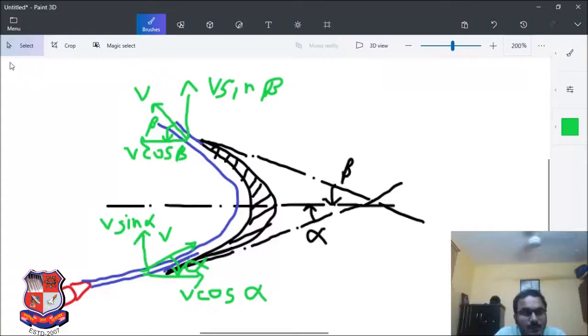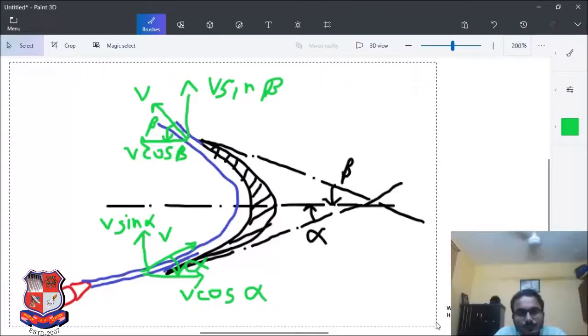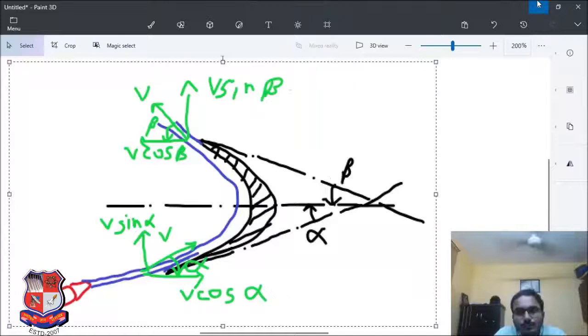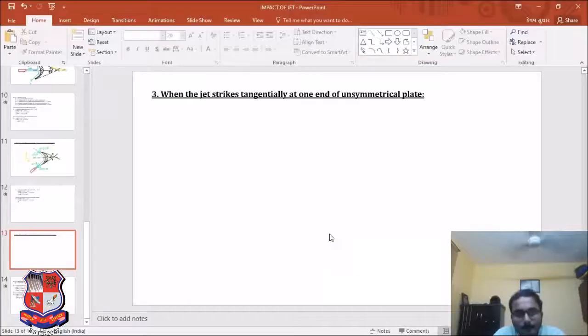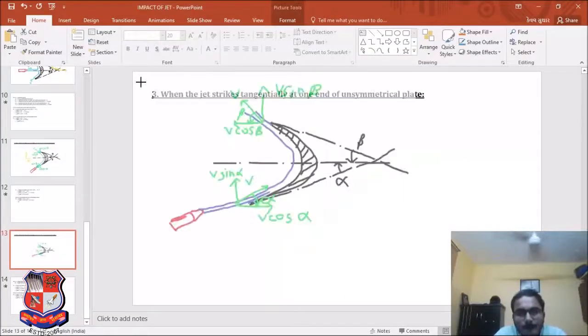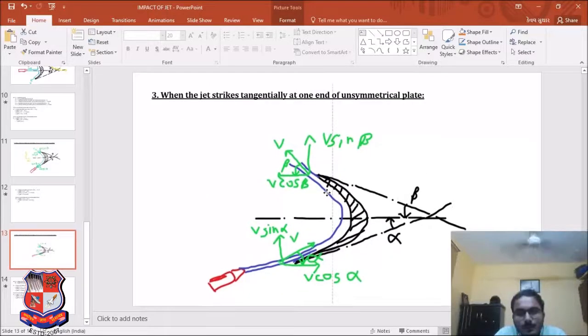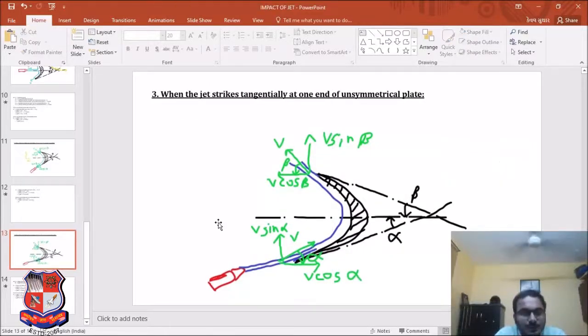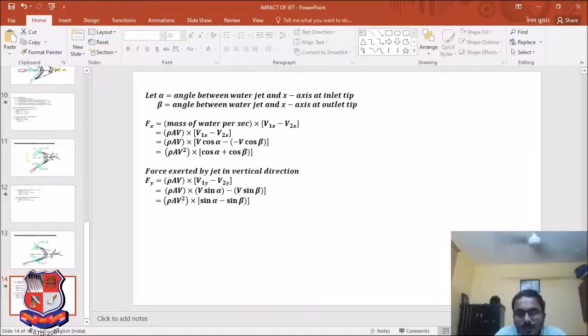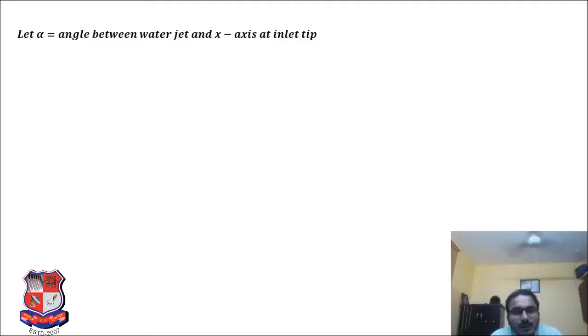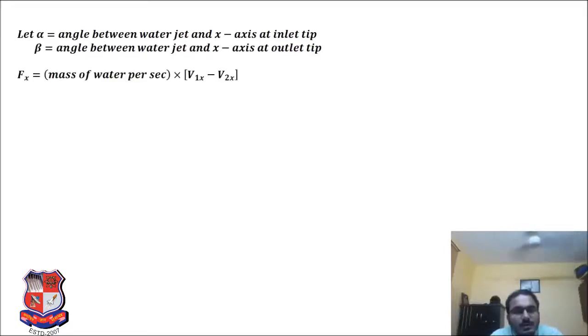We can copy this. So this is the figure, and the final portion of today's lecture is the mathematical steps, that is, alpha and beta are the angles at inlet and outlet respectively, the mass of water per second multiplied by v1x minus v2x.